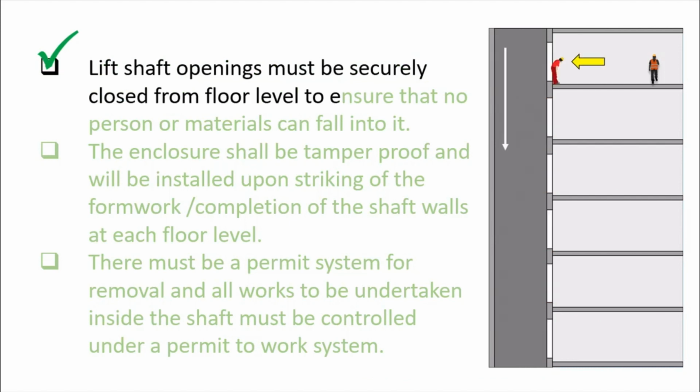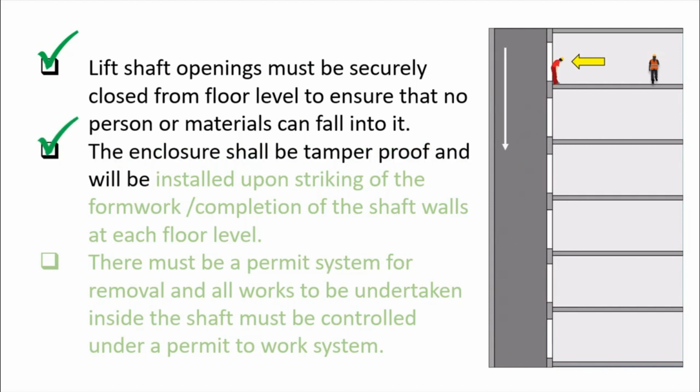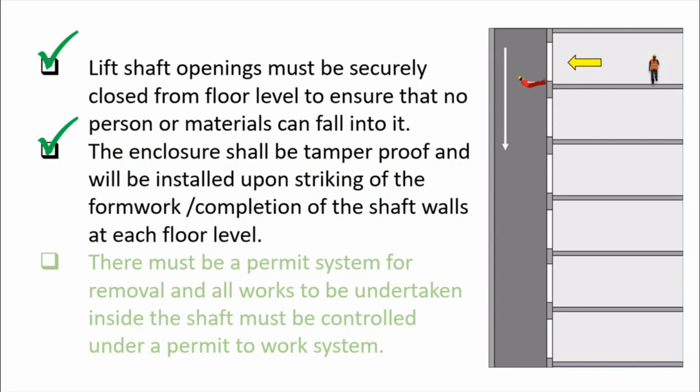Lift shaft openings must be securely closed from floor level to ensure that no persons or material can fall into it. The enclosure shall be tamper-proof and will be installed upon striking of the formworks and completion of the shaft walls at each floor level.